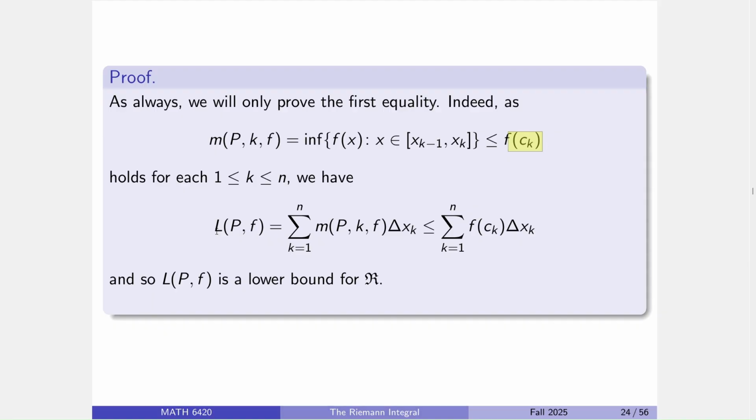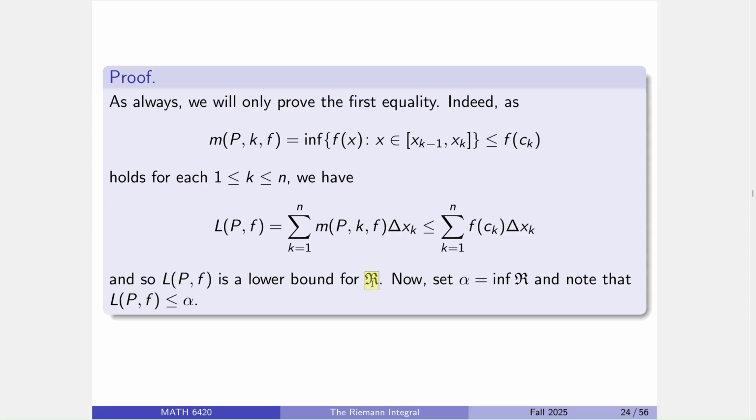That means clearly the lower Darboux sum is always less than or equal to any Riemann sum, right? We already pointed that out. This Darboux approach is basically saying, let's ignore the picking-point thing for a moment and work in extremes. And indeed, the lower Darboux sum is a lower bound for the collection of all Riemann sums on the partition. Now we actually need to prove that it is in fact the infimum.